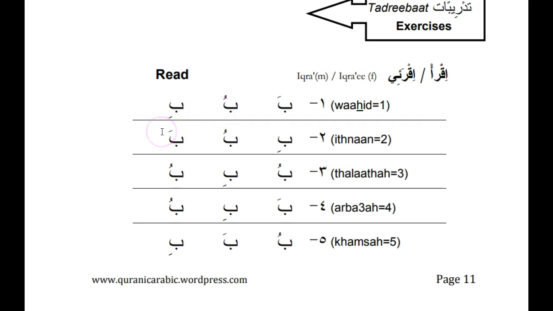Ba with kasra, bi. Ba, bu, bi. Okay? Ithnan. Ithnan means 2. Ba with kasra, bi. Ba with damma, bu. Ba with fatha, ba. Bi, bu, ba.